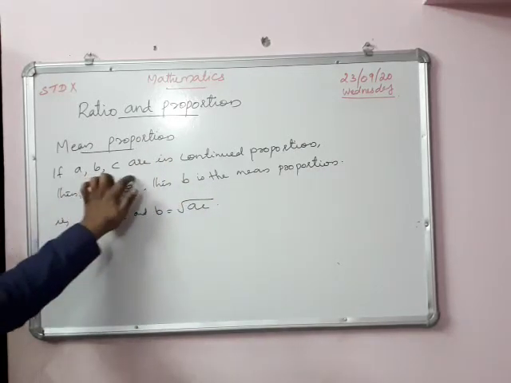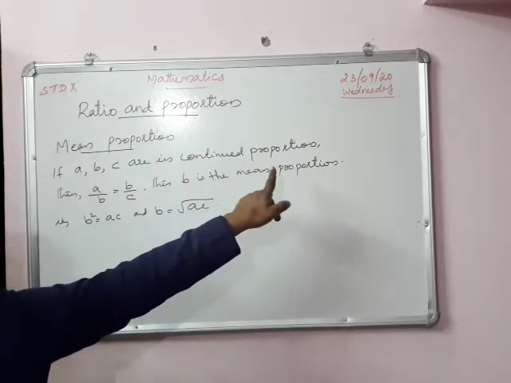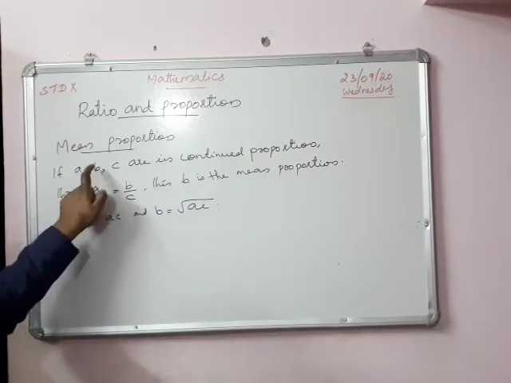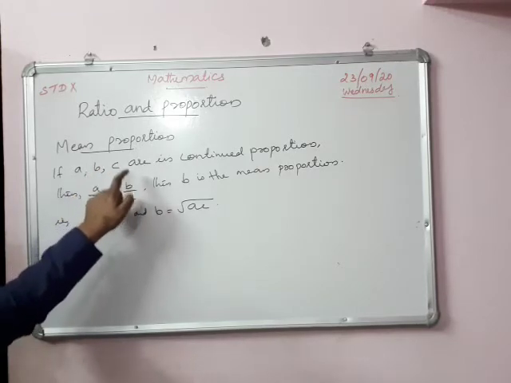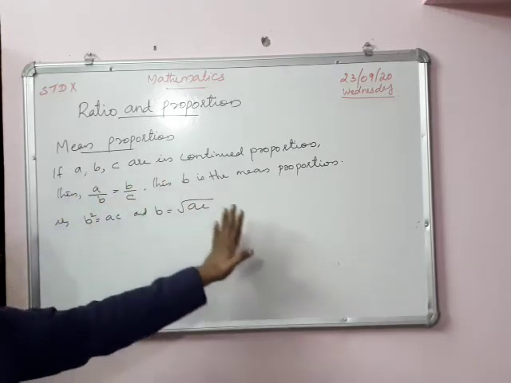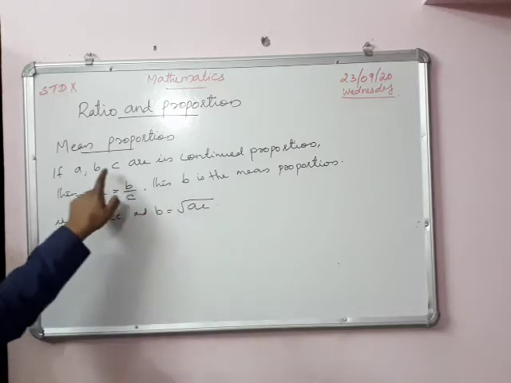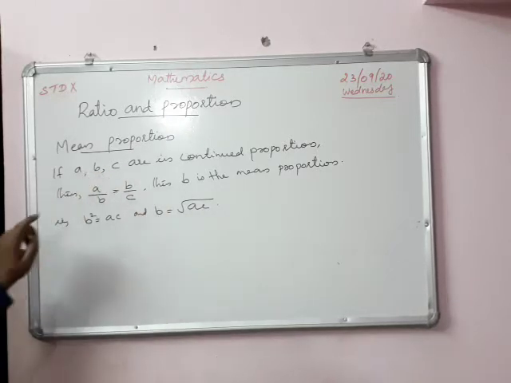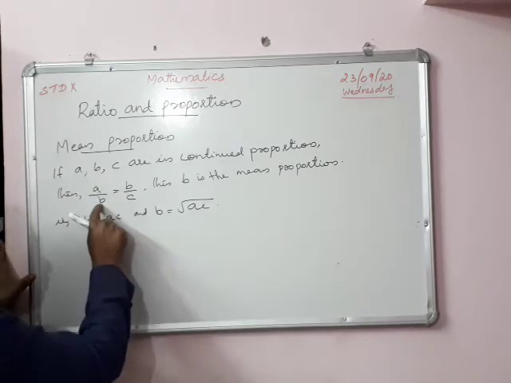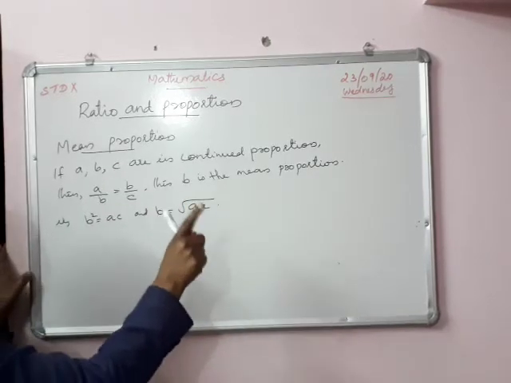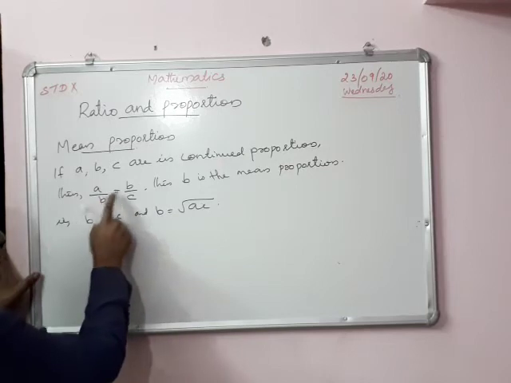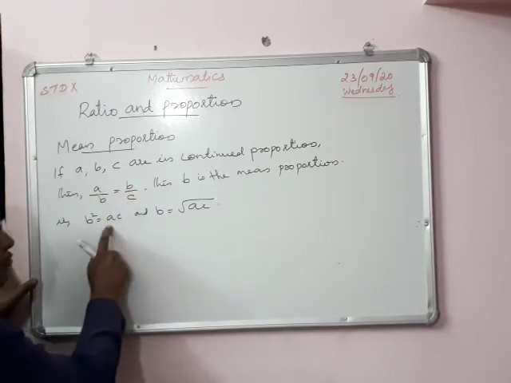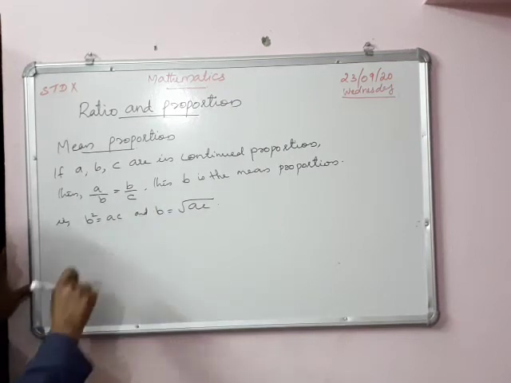If A, B, C are in continued proportion, that means A by B is equal to B by C is equal to C by D, etc. Then the middle one, B, is the mean proportion, because here B is repeating. That is B into B, B square is equal to A into C, AC. That is B is equal to root of AC. That is a mean proportion.